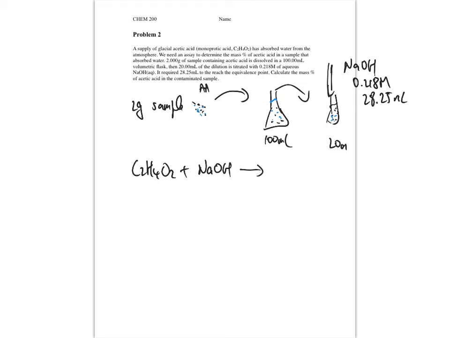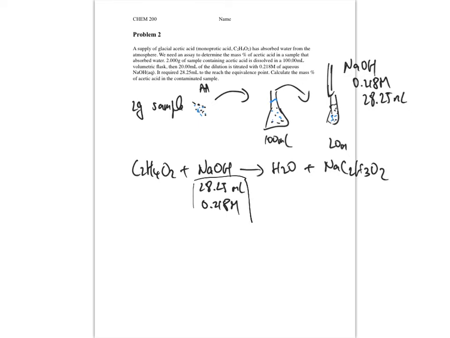Now, the important thing is that this is a 1-to-1 mole-mole ratio, and if you titrate to endpoint, then you can determine the moles of the acetic acid from the moles of sodium hydroxide. Let me write the information that we have down here below the equation.